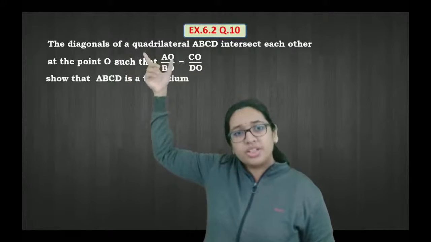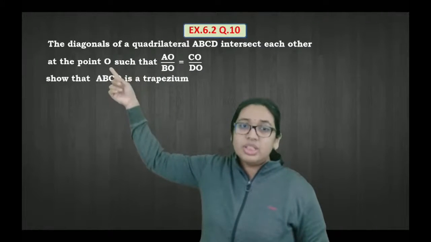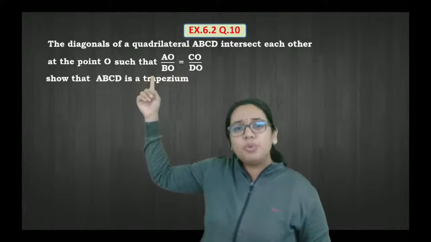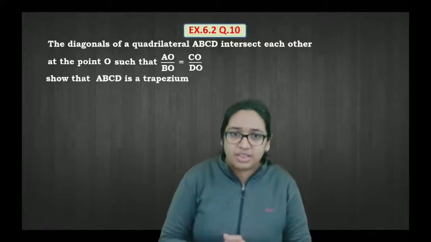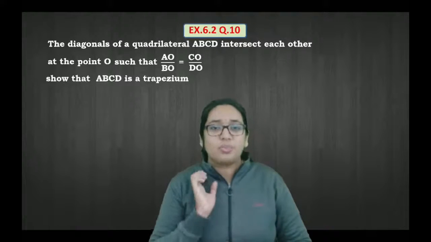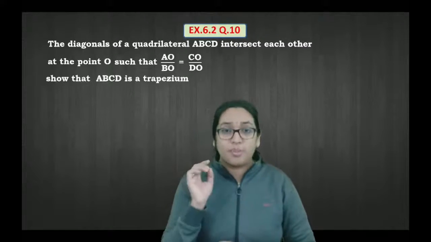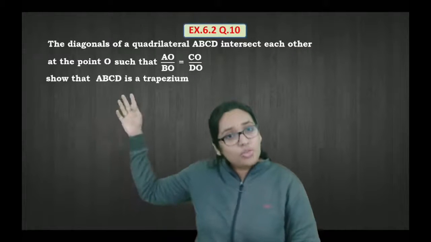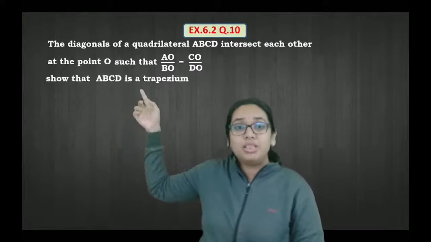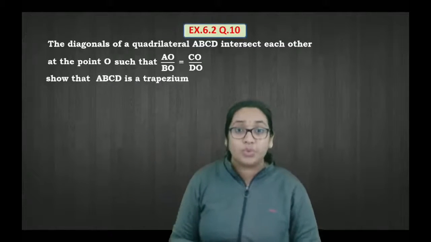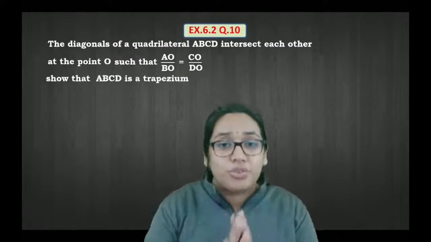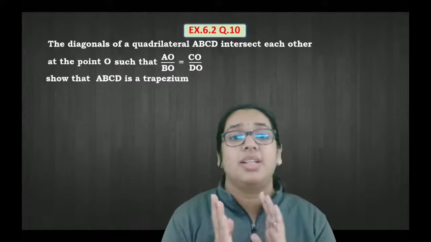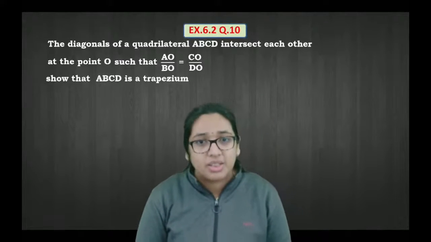Such that AO upon BO is equal to CO upon DO. ऐसा कुछ दिया गया, मतलब इंटरसेक्शन वाला पॉइंट अगर लगता तो उसके बारे में आपको प्रपोर्शन दिया गया. And what we have to prove is that ABCD is a trapezium. Okay, trapezium. What is the meaning of trapezium? Trapezium मतलब क्या रहता है? Properties of trapezium क्या रहता है?